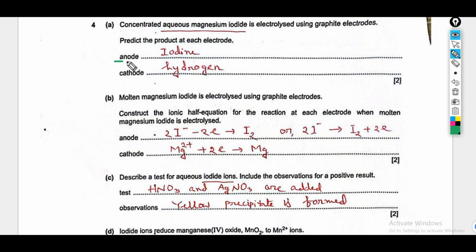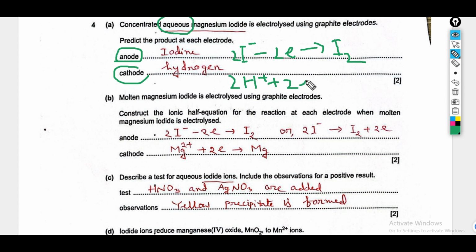At the anode, iodide ions are oxidized to produce iodine, and at the cathode, as it is aqueous, hydrogen ions gain electrons to produce hydrogen.